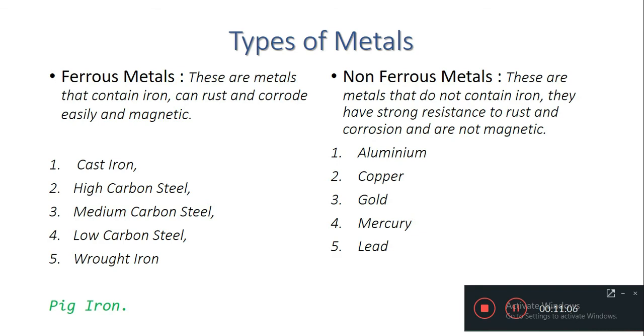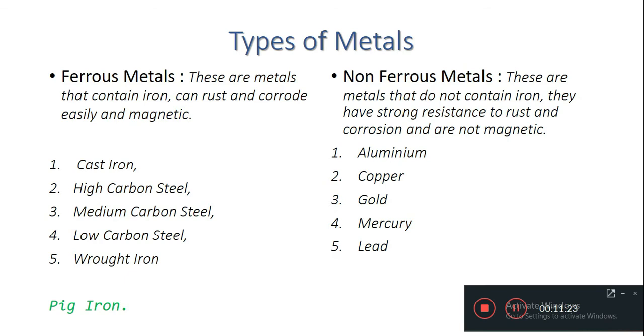Also, any metal that shows signs of rust or corrosion when it comes into contact with acid, or with oxygen and water, you should know that that metal is a ferrous metal.